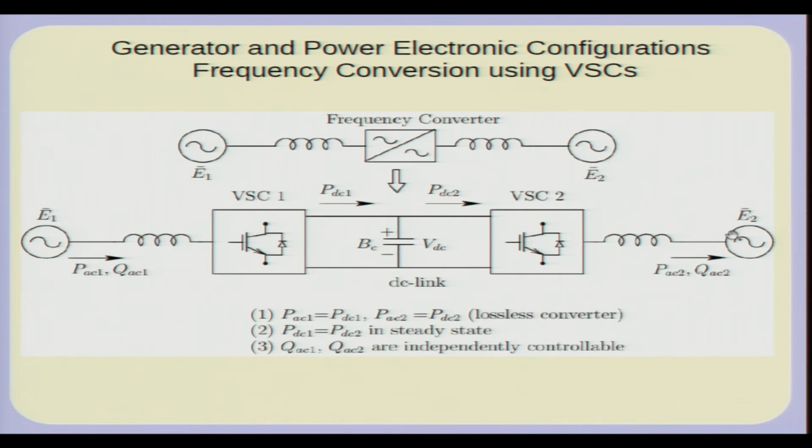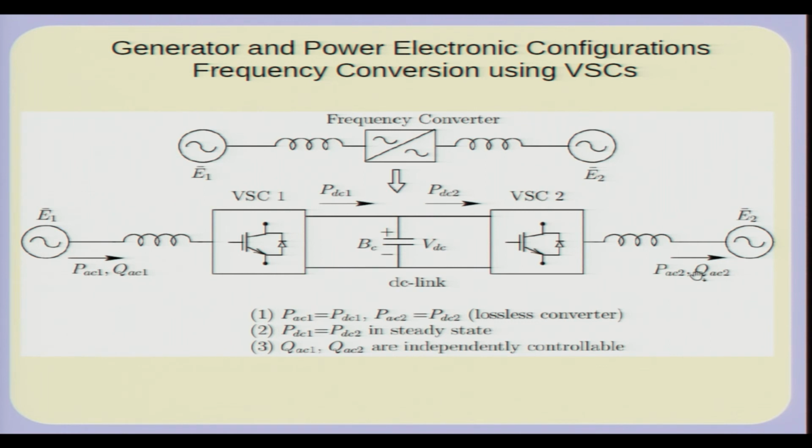One side is the grid, for example, and the other side is the rotor windings, 3-phase rotor windings, and this frequency converter is in fact a set of 2 voltage source converters acting in master slave mode. That is, this converter can be controlled to extract the amount of real and reactive power you wish to, and this can be pushed into this source.